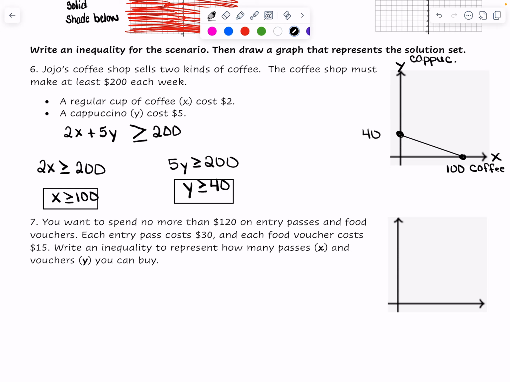So if they're asking us, what is she trying to sell? Would it be more than 200 or less than 200? In this case, it would be more than 200. So we are going to shade everything above the graph.